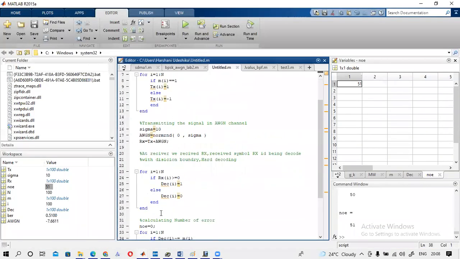Now here we change the sigma value manually. Now we need to change the sigma value according to the SNR dB.